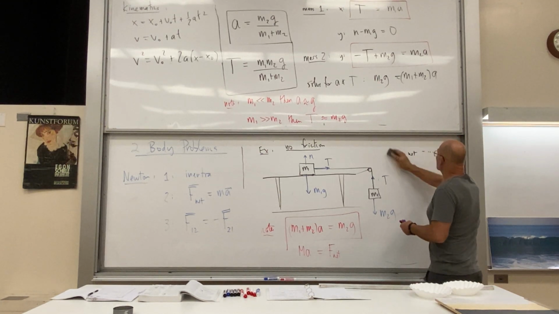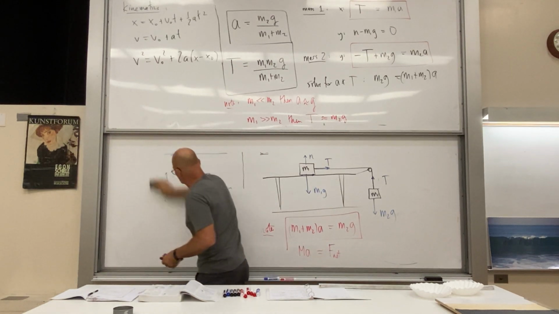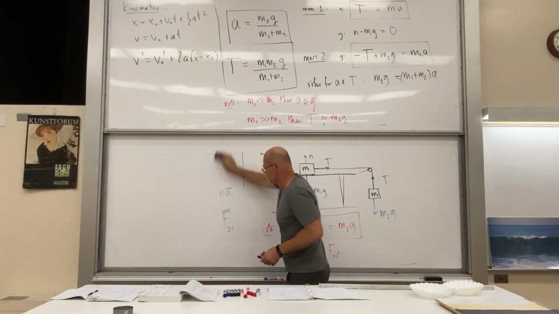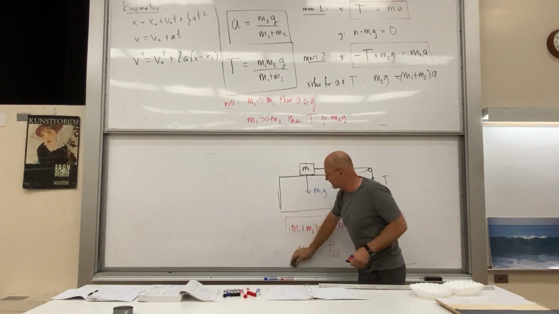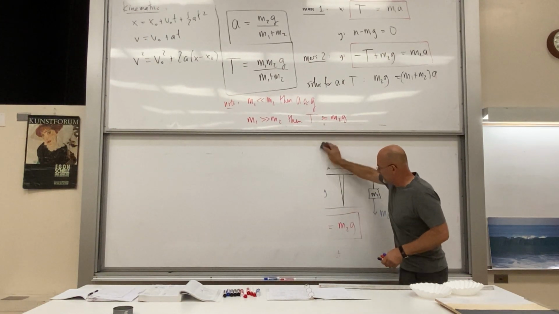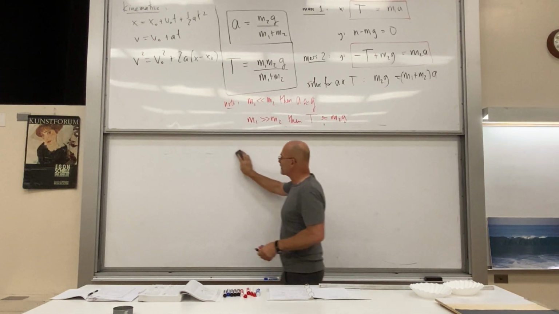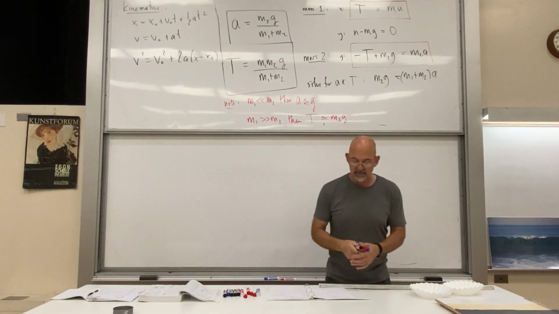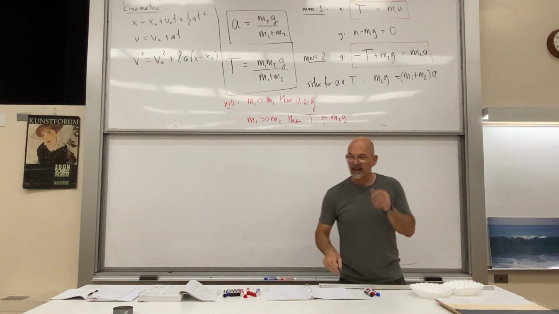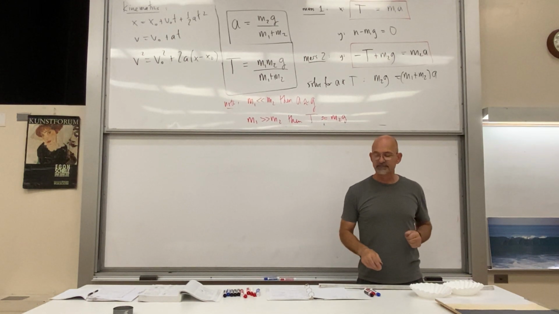I can erase this now. Okay, so remember the hammer and the feather. I dropped the hammer, the feather, and a couple other things to point out that we had to eliminate friction to discover the law of free fall.